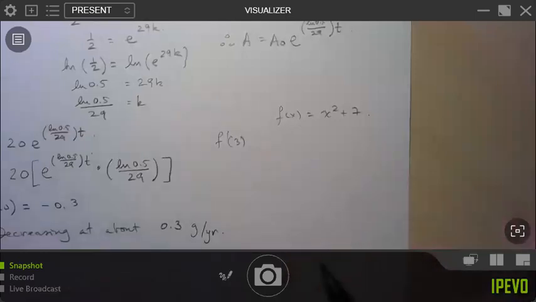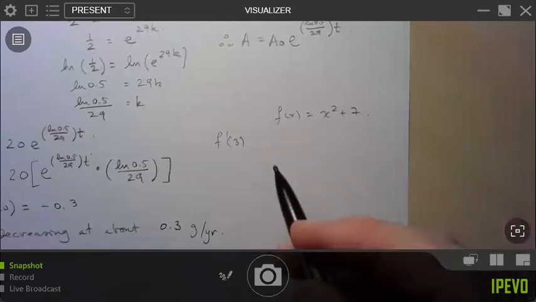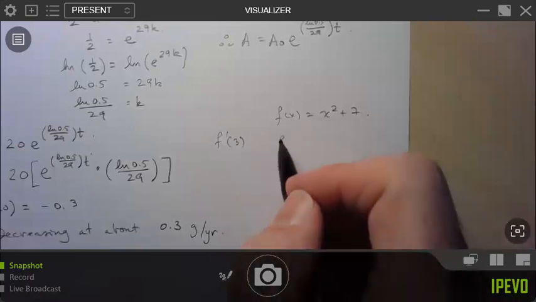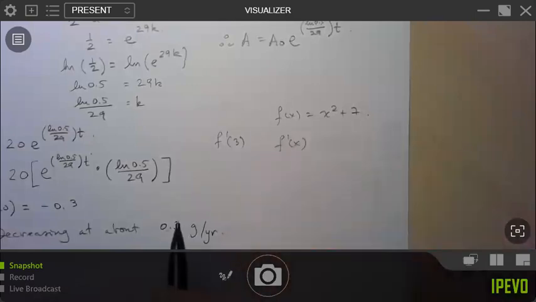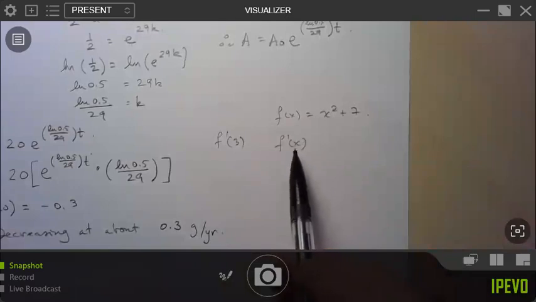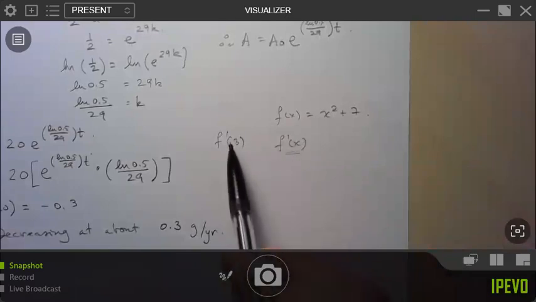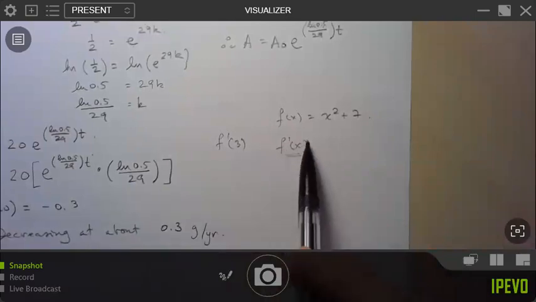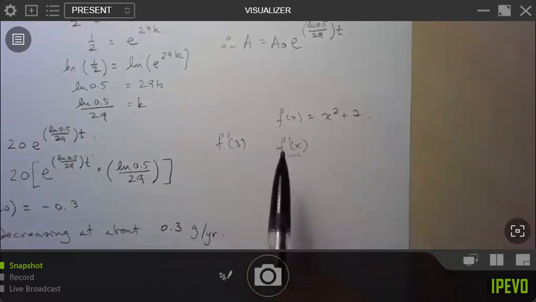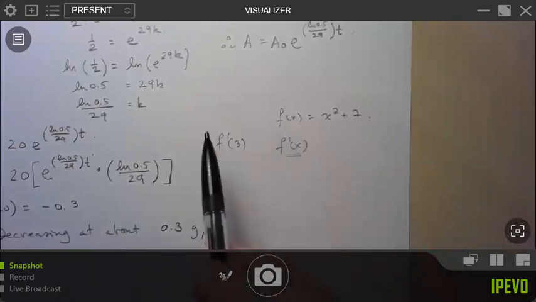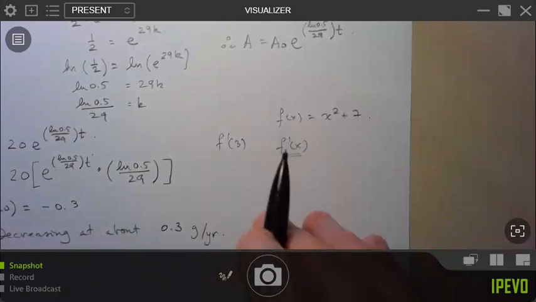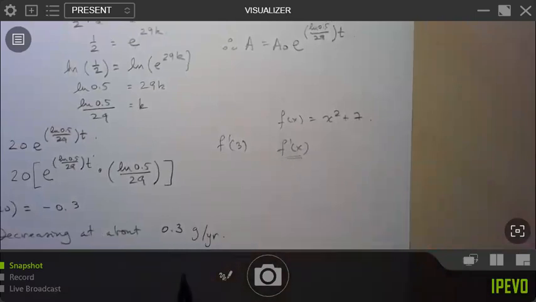You'd always be taking the derivative of a constant. You'd be getting 0. So here, what we do is first we find the derivative function. And once we have the derivative function, then I can input the value of 3. So we need that derivative function before we can use it to calculate the slope of the tangent at any x value. So does that answer your question?